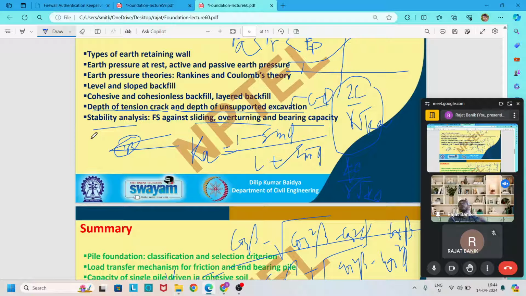Bearing capacity failure means the vertical force due to the arrangement of the retaining wall should be less than the bearing capacity of the soil. Then only the retaining wall is safe from the failure.